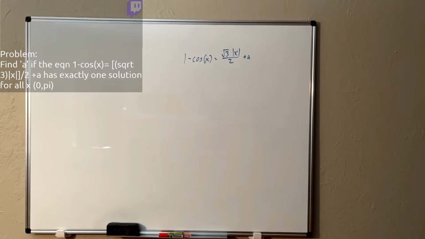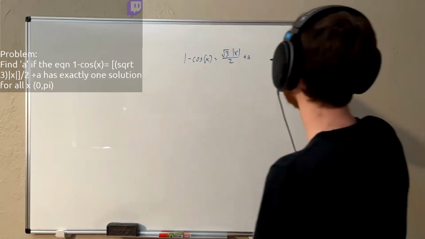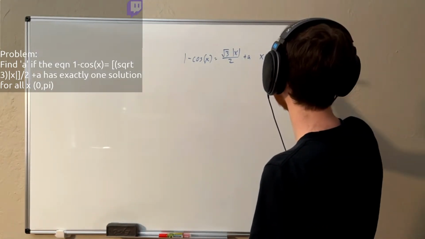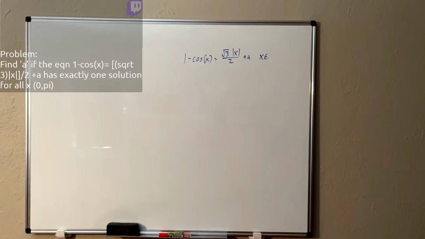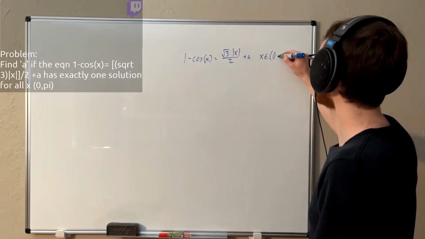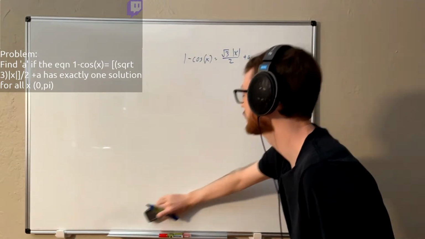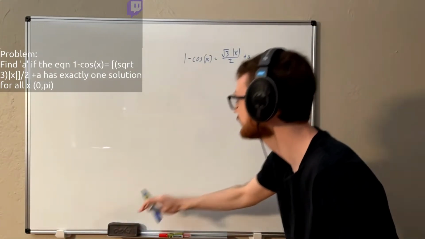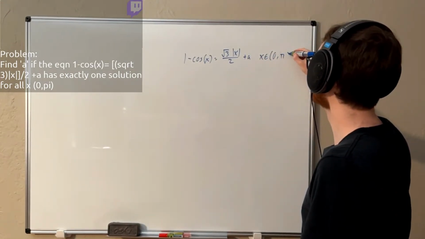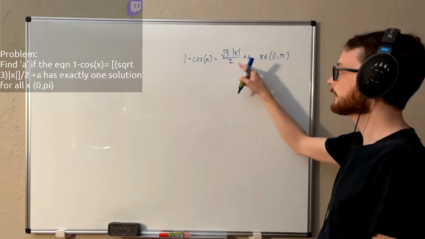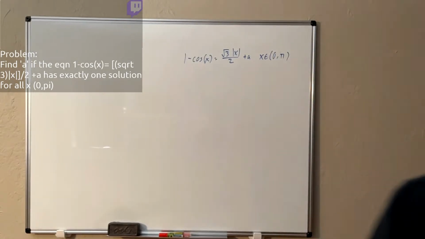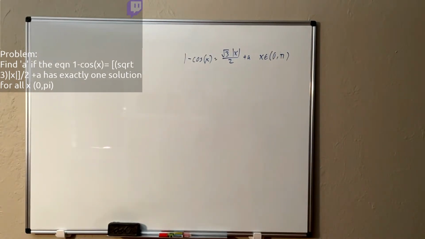Did I write the problem down correctly? Does the plus a go on the right, like how I wrote it? And x is on 0 to pi, not inclusive. I was about to spell out pi. Does the a go here or down here? I got it right? Okay, good.